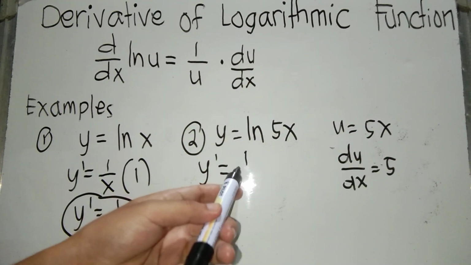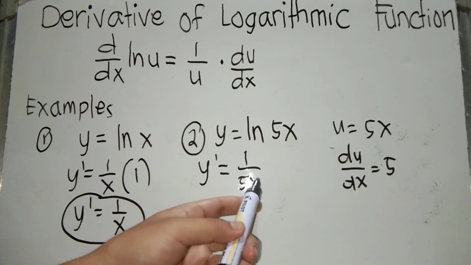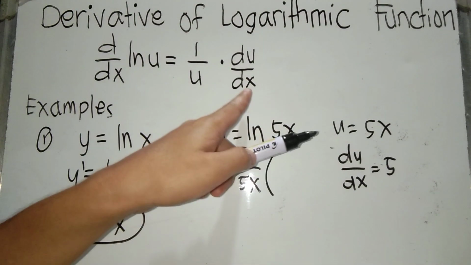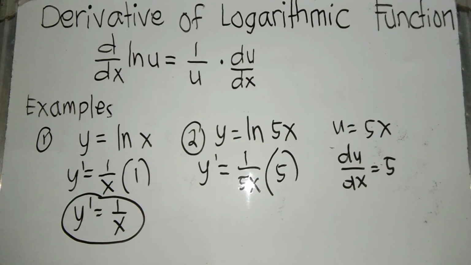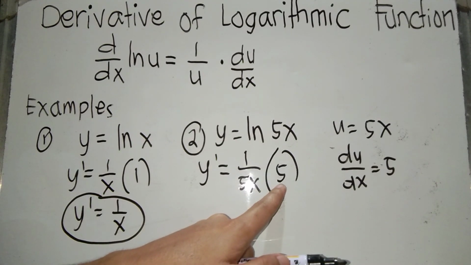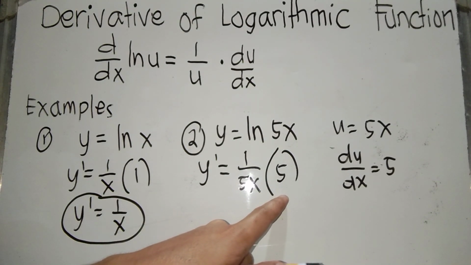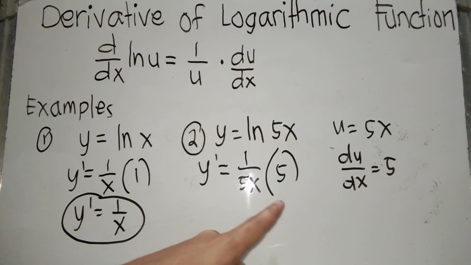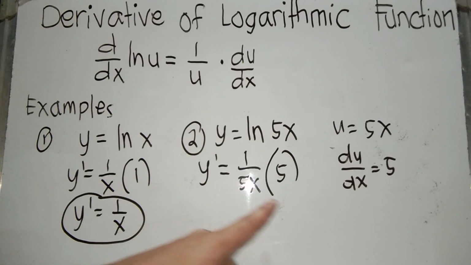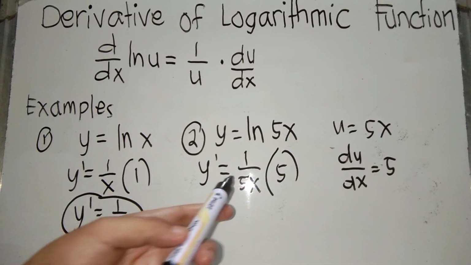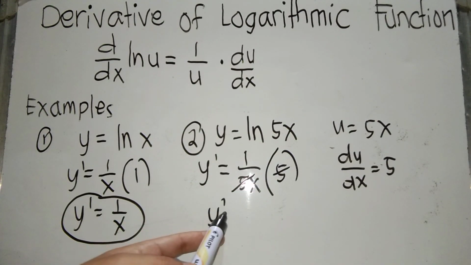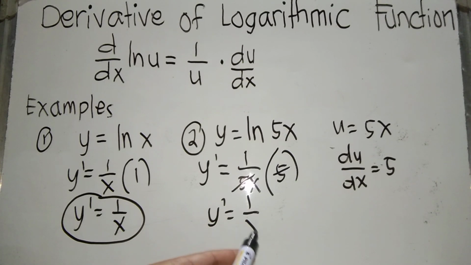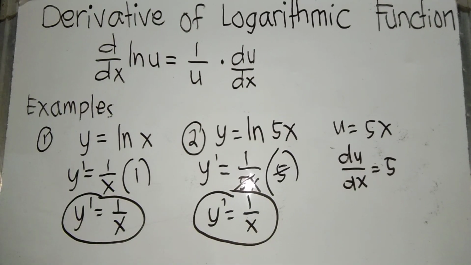Equivalent to 5x. So this is 1 over 5x times the derivative of u, which is 5. This is understandable, since 5 has a denominator of 1. If you multiply fractions, multiply both numerators and both denominators. Or in short, you can just cancel 5 right away. So what's left is 1 over x. This is now your answer.